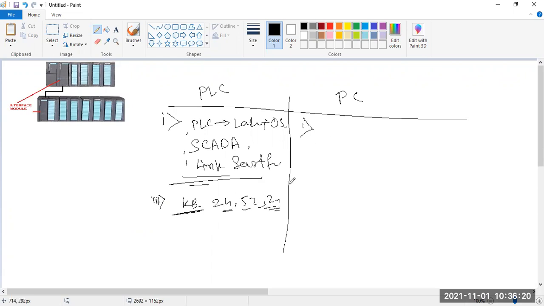But in your PC, memory handling capacity is now in the terabyte range. Okay, this is the KB range and this is your terabyte range. This is the difference. I think this is a very important difference between your PLC and your PC.